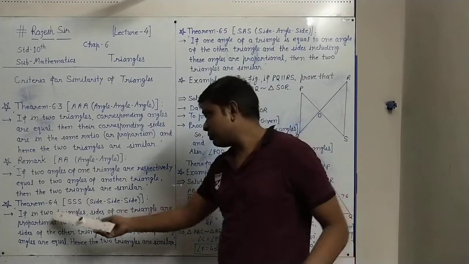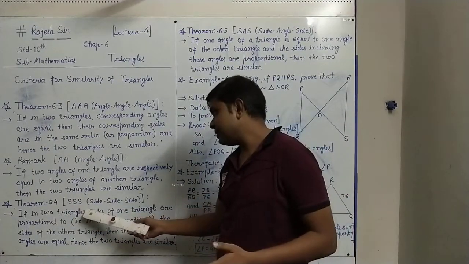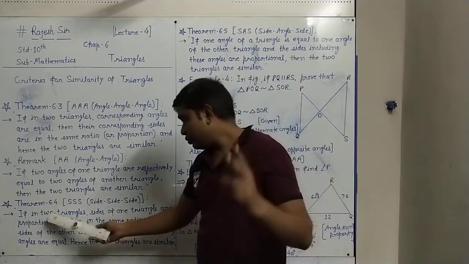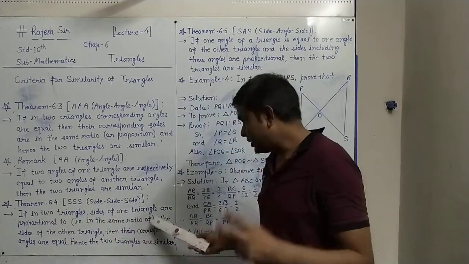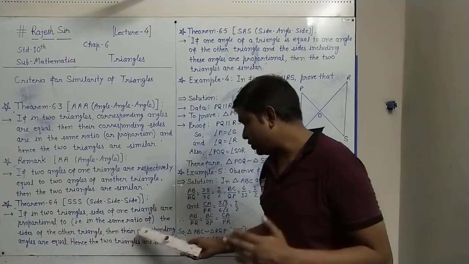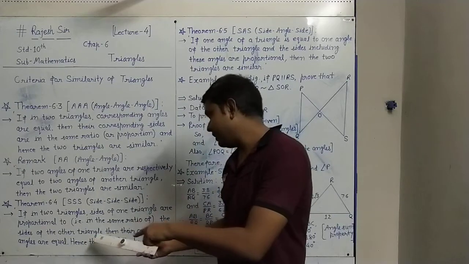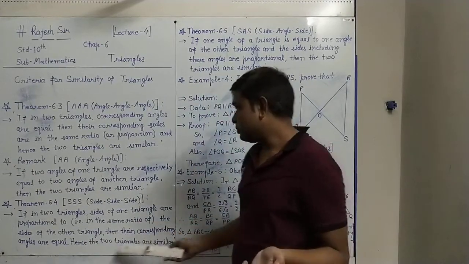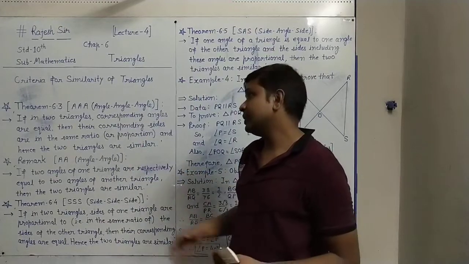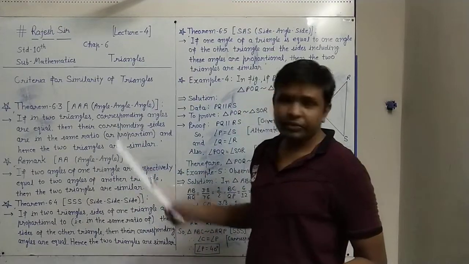Next we have theorem 6.4, that is called SSS, which stands for side, side, side. Here, if in two triangles, sides of one triangle are proportional to, that is in the same ratio as, the sides of the other triangle, then their corresponding angles are equal. You can say it is the converse of 6.3.